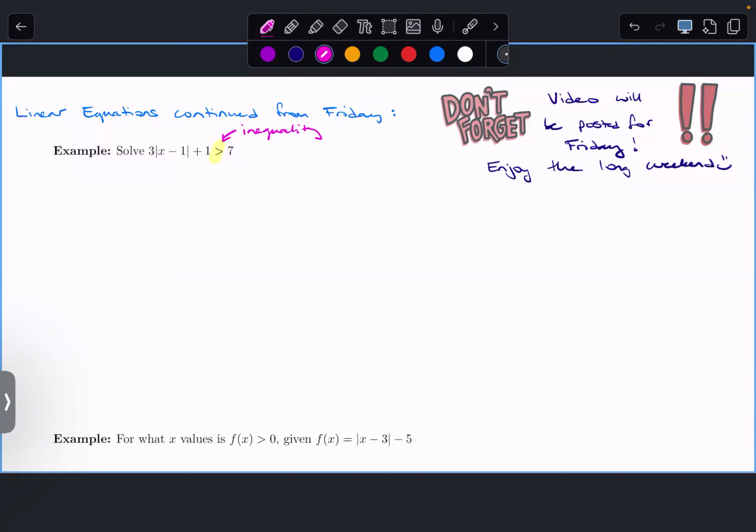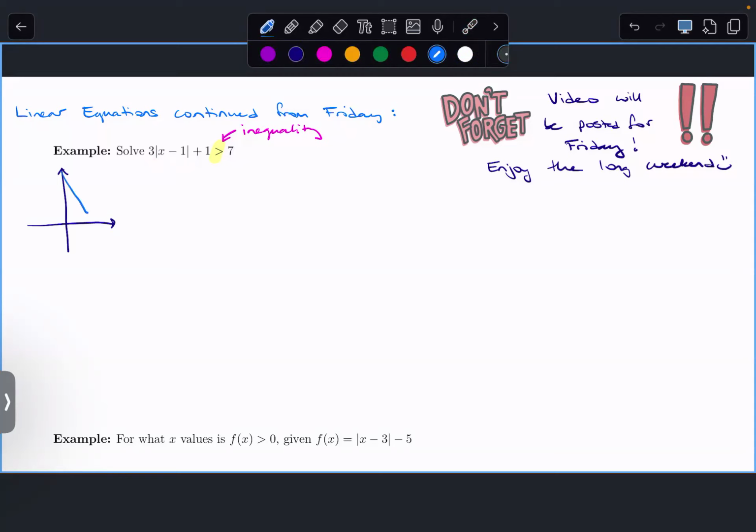To solve an absolute value inequality in general, we can find where this thing equals 7. If we think back to what a general absolute value function looks like, this one is going to be moved over to the right by 1 and up 1, and it's got a V shape, and the slope of 3 makes it steeper.